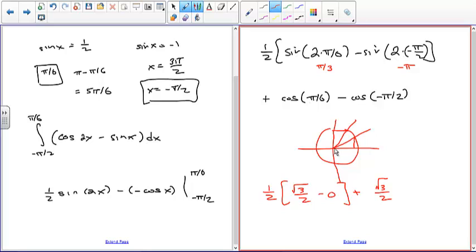The cosine is the x-coordinate, and the x-coordinate at this point is 0, so we get 0. So you get 1/2 plus 1, that gives you 3/2. Square root of 3 is your answer. So that's the area between those two curves.